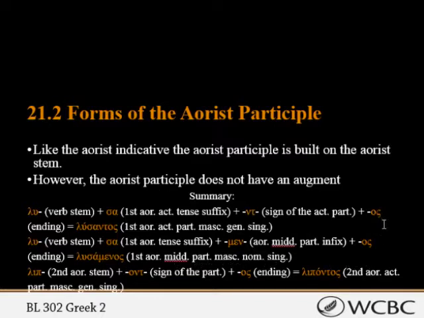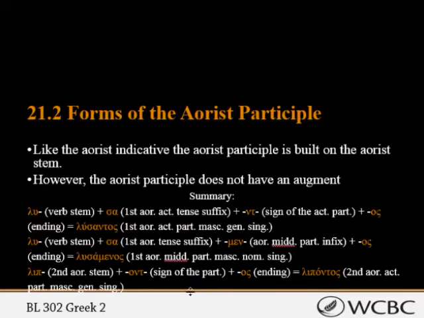Again, these have the same endings, but remember, one is going to be genitive because the active voice will utilize the third declension nouns, whereas the middle voice is going to utilize the second declension nouns. So they just happen to have the same endings, but the top one is going to be genitive. The second one is going to be the nominative form.